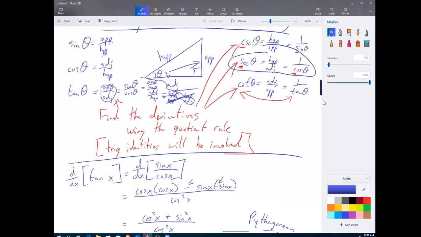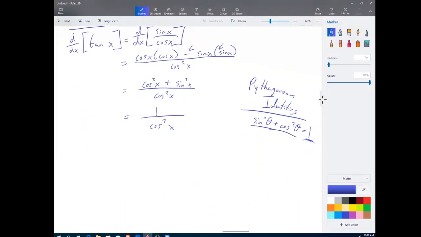So if we have 1 over cosine squared, what do you think we get here? If 1 over cosine is secant, what happens when I square the cosine?